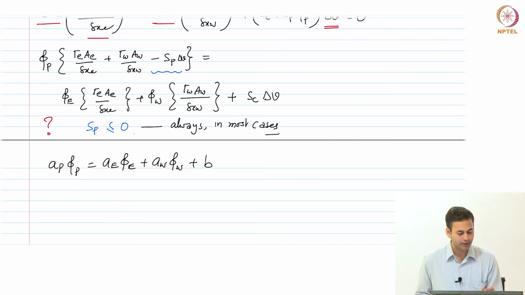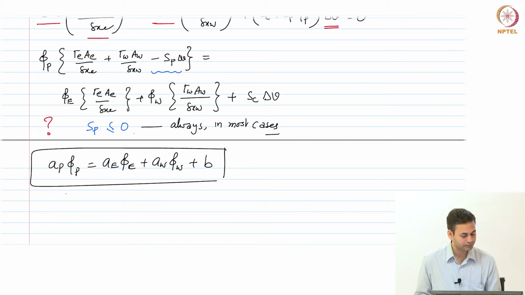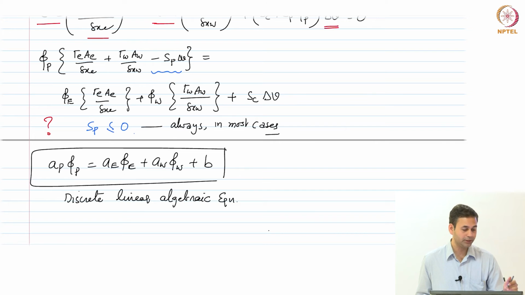Now this is our discrete linear algebraic equation. We will use only this form throughout the entire course. Does not matter whether you are looking at a diffusion equation or a convection diffusion or Navier-Stokes, or an unsteady diffusion, we will always come back to this particular form. So this is important.